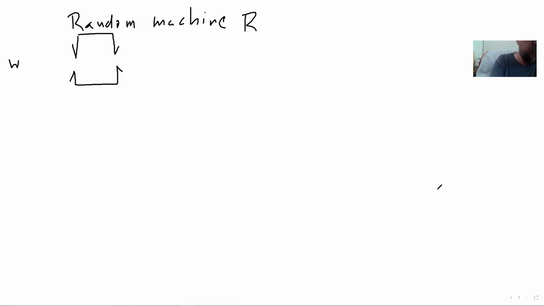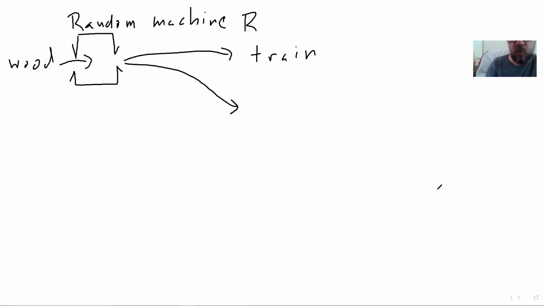This machine takes in wood, and it outputs a variety of things. Sometimes you get a train. Sometimes you get a little rocking horse. Sometimes you get, let's say, a workbench for Dad.